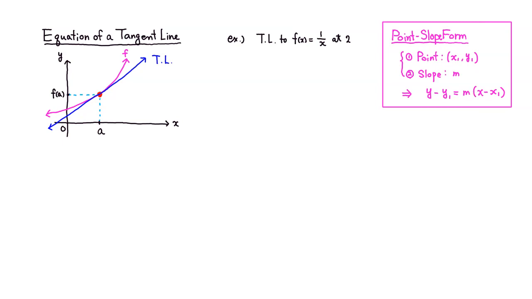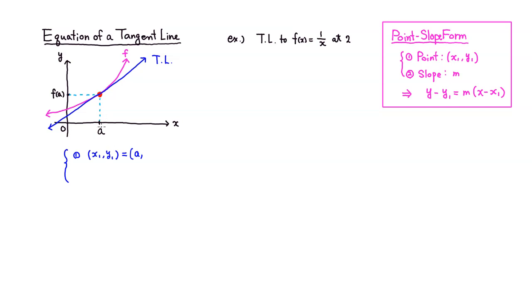In this particular case, our function is f, and we need to find the two pieces of information. So let's go find that. Number 1, the point. We want x1, y1. Since the point of tangency is at x equals a, x1 is going to be a.